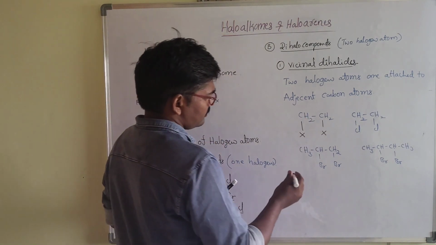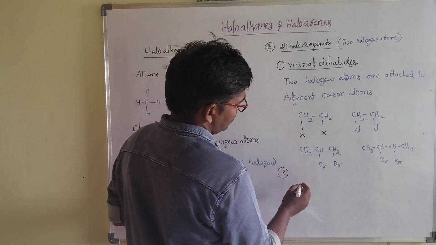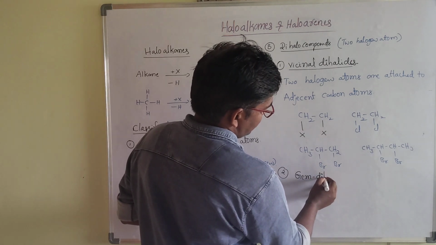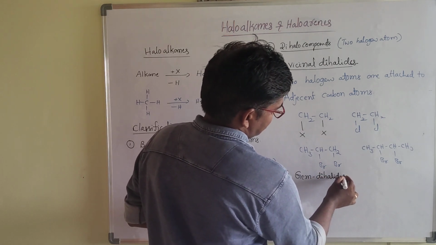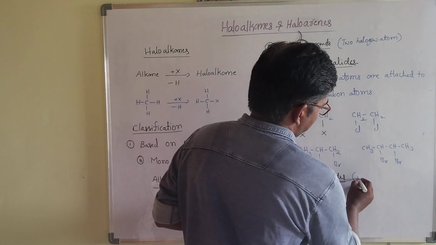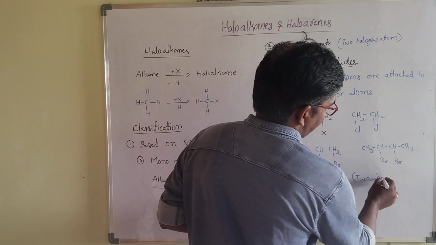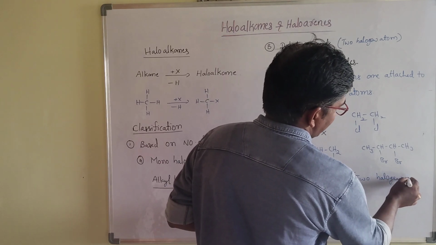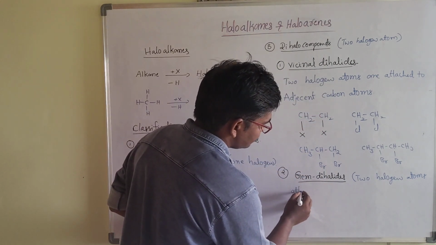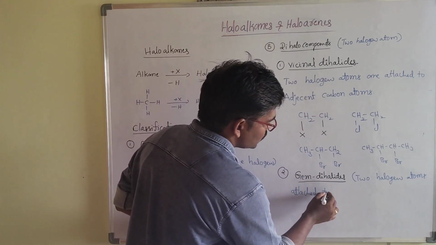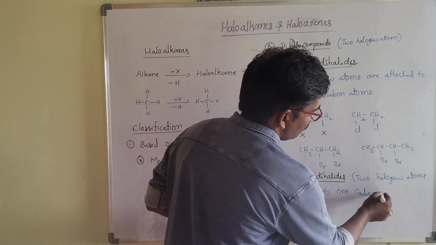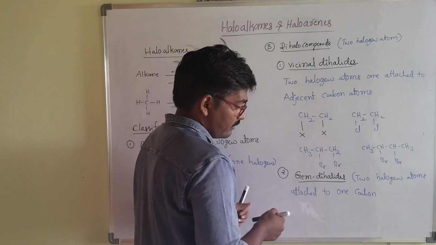Then the second one is gem dihalides. Two halogen atoms are attached to only one carbon atom. How is it?